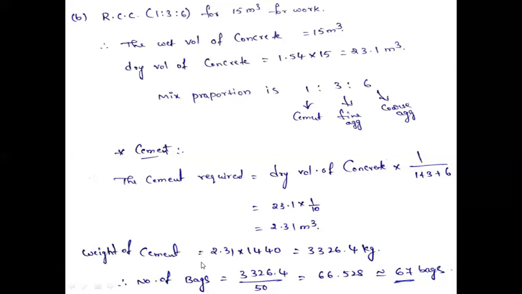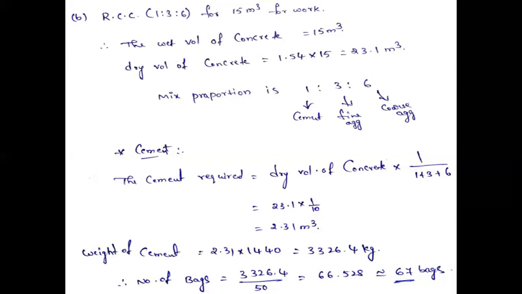Then we find the weight of cement and number of bags of cement. First, the weight of cement is equal to the cement requirement multiplied with the density of cement. So volume of cement is 2.31 cubic meters multiplied with density of cement 1440, equal to 3326.4 kgs of cement.